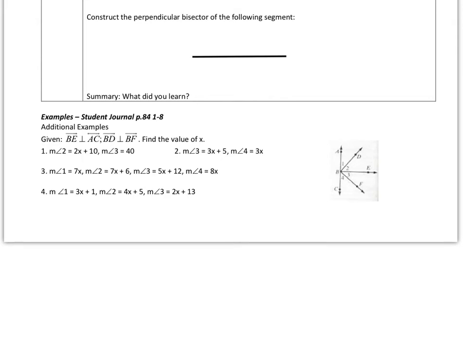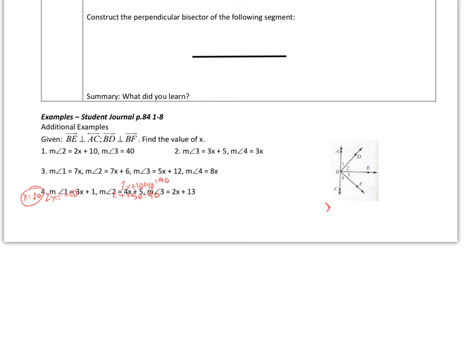If I know that the measure of angle 2 is 2x and the measure of angle 3 is 40, well, I was just told that these are perpendicular. So that means 2x plus 10 plus the 40 equals 90. So over here, 2x plus 50 equals 90. So we'll finish this off with 2x equals 40 and x equals 20.